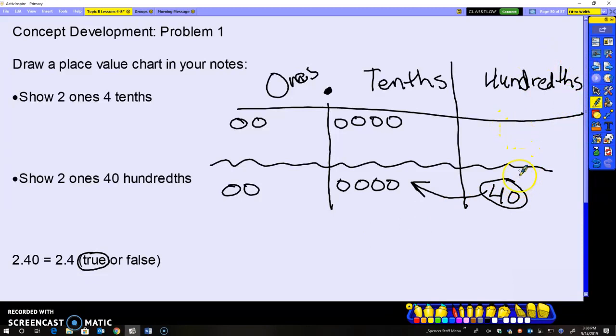So this is the reason why, because when we compose things, we bring them together and we make the next bigger place value. We can have 40 hundredths here, but we really want to group them and turn them into tenths.